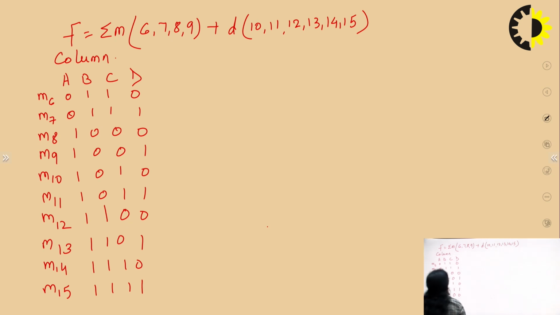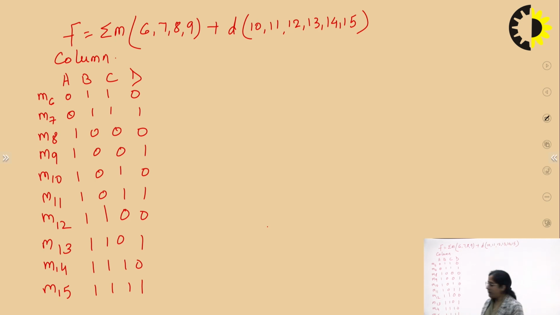Now once we arrange these in their binary representation, we have to go with the grouping. So we have to find a group where we consider 0 ones. Here we don't have any min terms with 0 ones, so we go with group 1, that is the min terms which consist of a single 1.